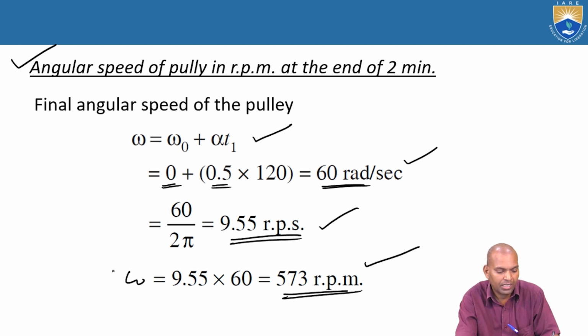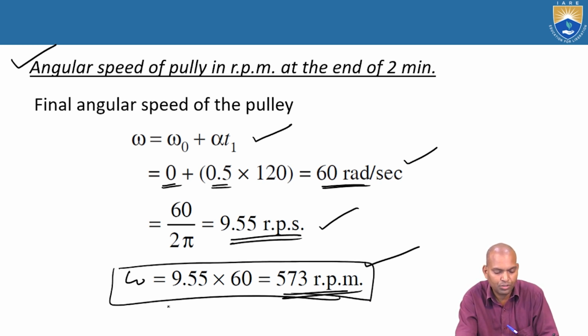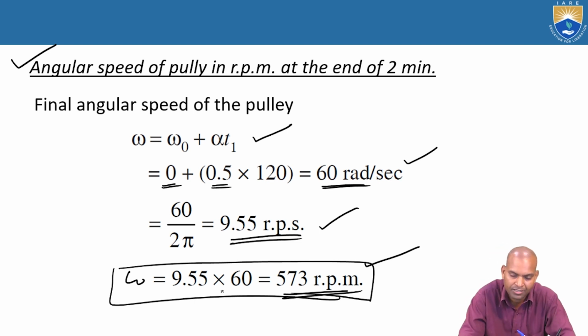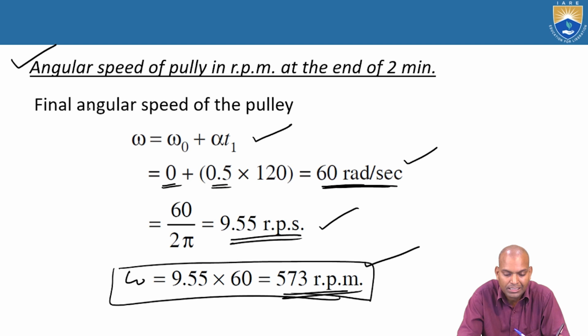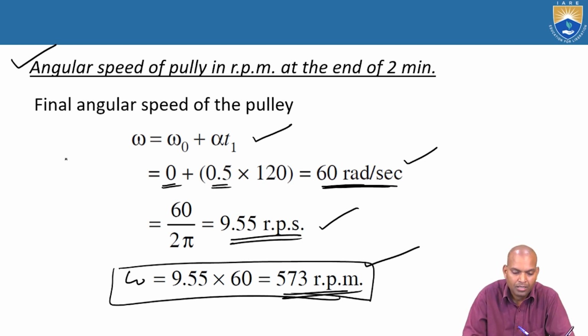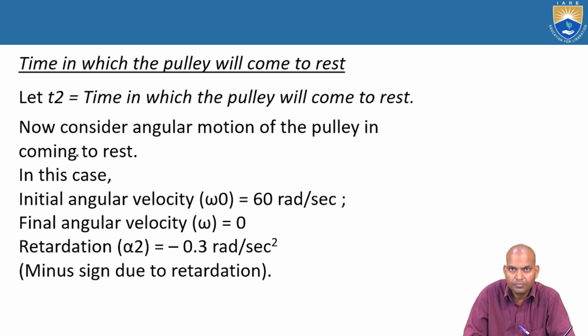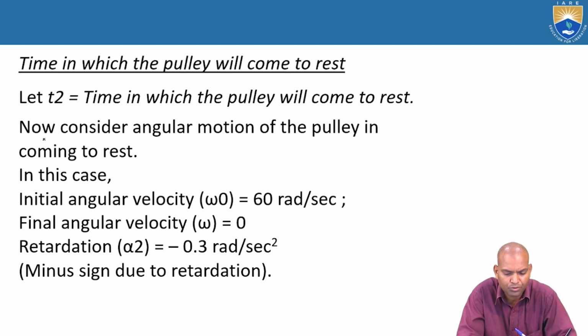If you want, you can convert it back into radians per second. Based on what was asked, we converted radians per second into revolutions per minute by dividing by 2 pi and multiplying by 60 to give the answer.